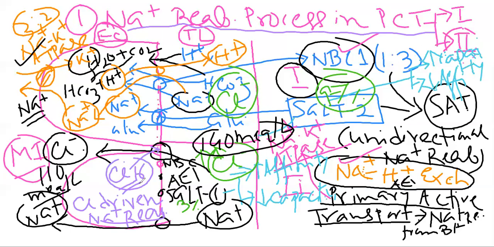Now, after that, what will happen? The filtered load will eventually pass through the descending thin limb of the loop of Henle as well as the bending side of the loop of Henle, where no sodium ion will be reabsorbed. Then eventually the filtered load will come to the ascending thin limb of the loop of Henle as well as the thick ascending limb of the loop of Henle.